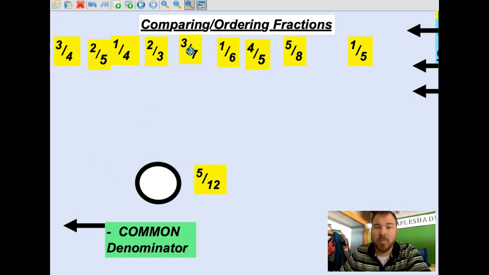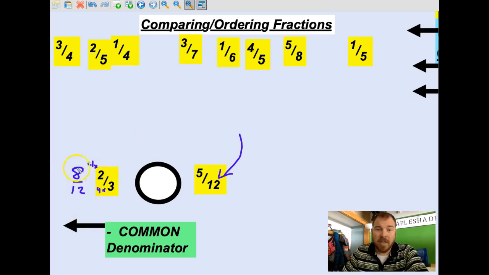So let's start with a more basic example, like 2/3 compared to 5/12. We need to find that common denominator of 3 and 12. And sometimes it already is there for us. It's 12. I'm going to change 2/3 into something in twelfths. Ask myself, how do I get from 3 to 12? Times 4. Whatever I do to the bottom, I've got to do to the top. It's going to be 8/12.